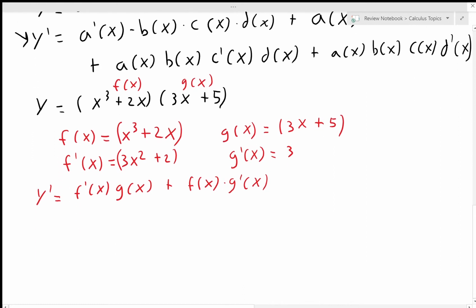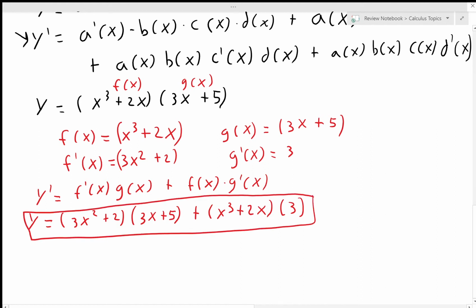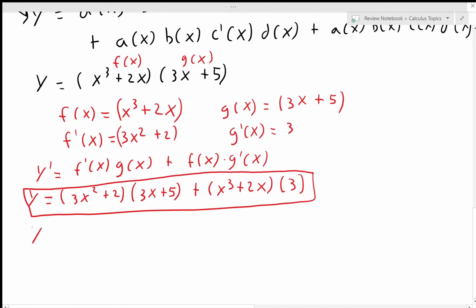Using that, I can just plug everything in. 3x squared plus 2 times g of x, 3x plus 5, plus x to the third plus 2x times 3. So most calculus teachers, I believe, would accept this as the answer, but we're going to expand this and show another way to solve it to double check our work.